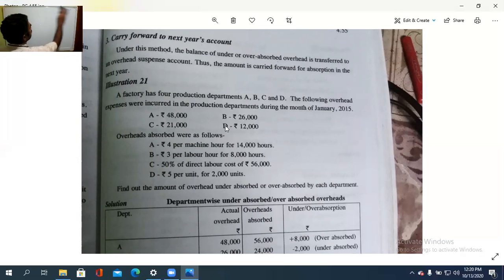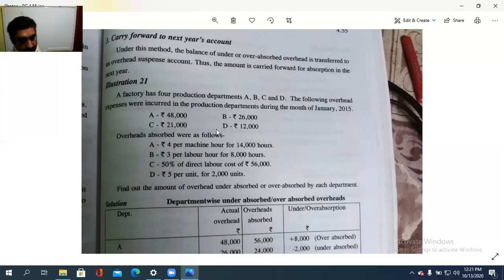Overhead absorbed were as follows: A, 4 per machine hour for 14,000 hours; B, 3 per labor hour for 8,000 hours; C, 50% of the direct labor cost of 56,000; and D, 5 per unit for 2,000 units. Find out the amount of overhead under absorbed or over absorbed by each department.